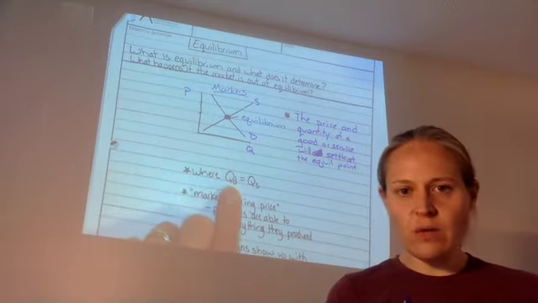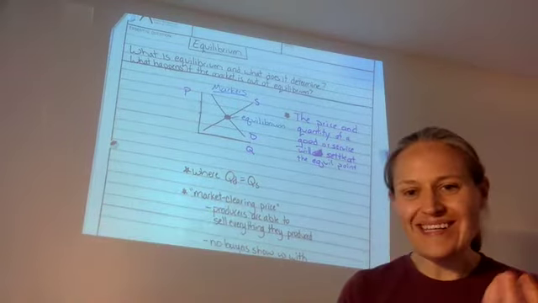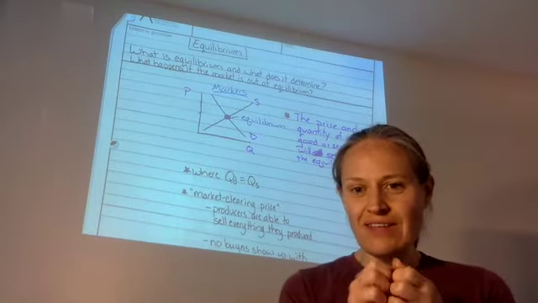Now notice I wrote here where QD equals QS. It's where the quantity demanded equals the quantity supplied.